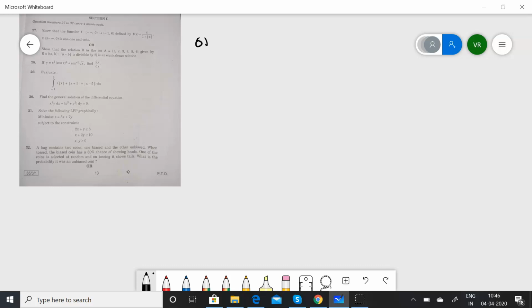Now look into the OR question. Show that the relation R in the set A equals 1, 2, 3, 4, 5, 6 given by R is equal to (a, b) such that modulus of a minus b is divisible by 2 is an equivalence relation. Okay, now first let us check for reflexivity.